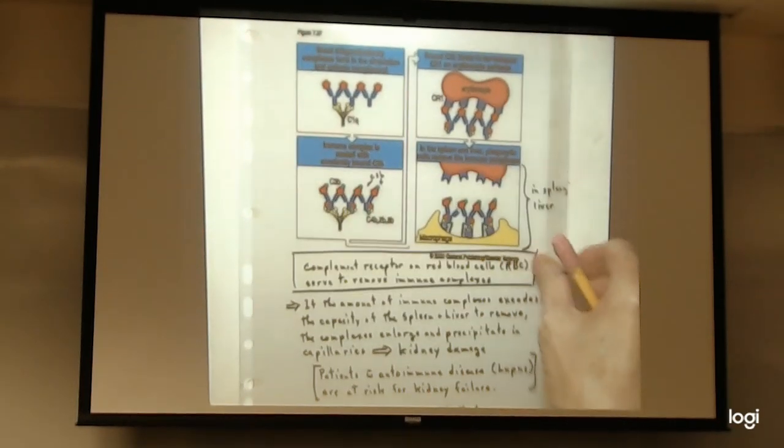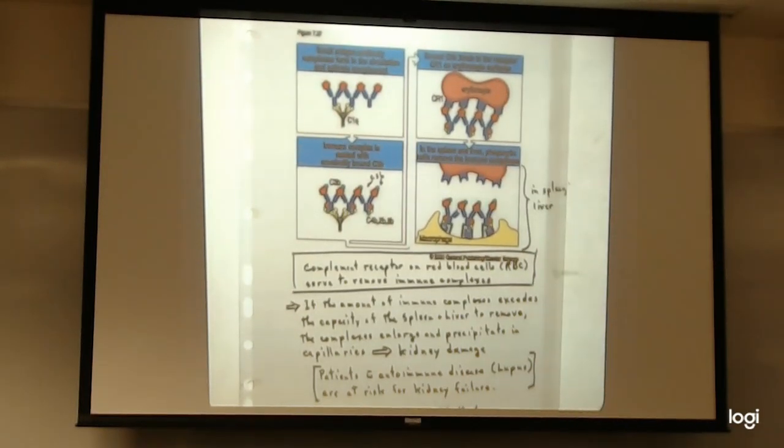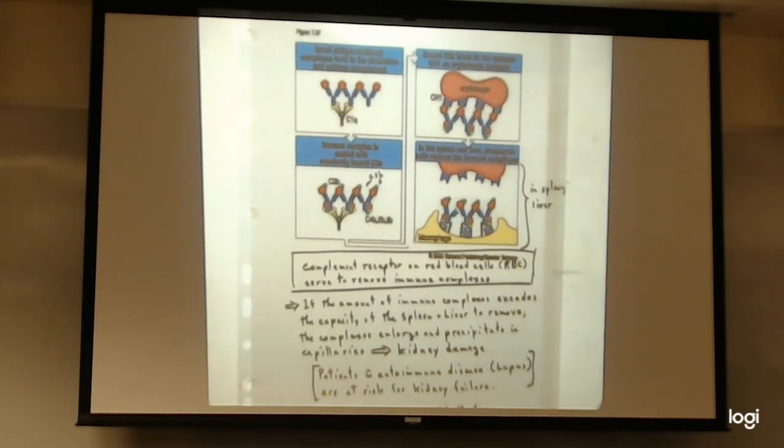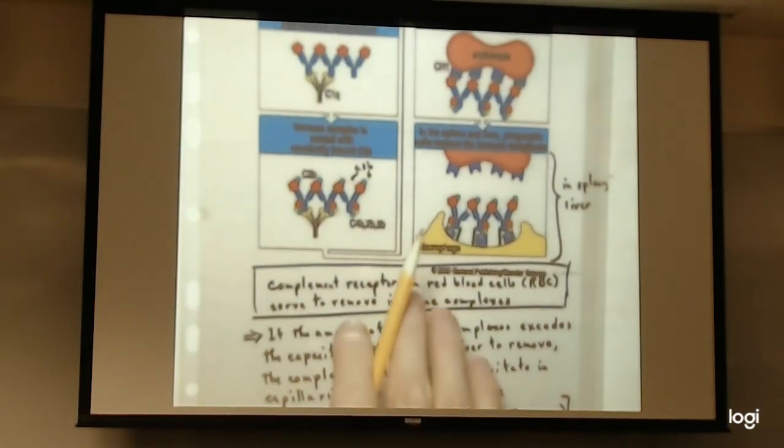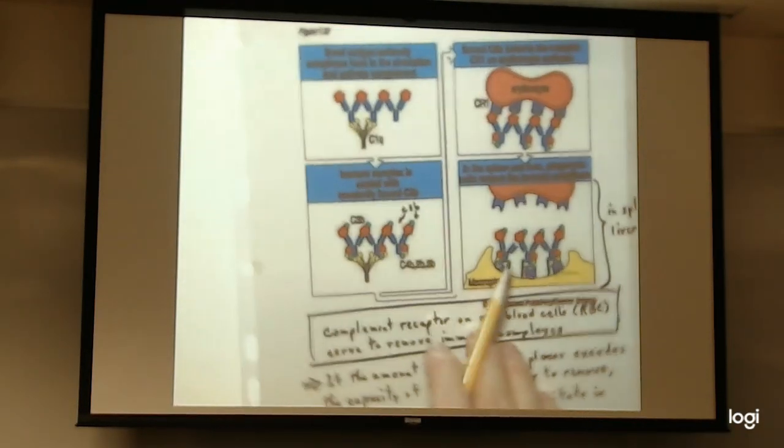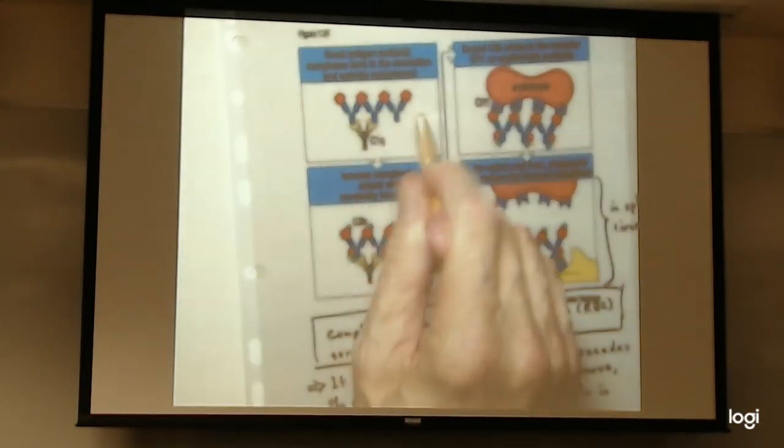Now, it turns out that red blood cells have complement receptors on their surface. Here's an antigen-antibody complex.